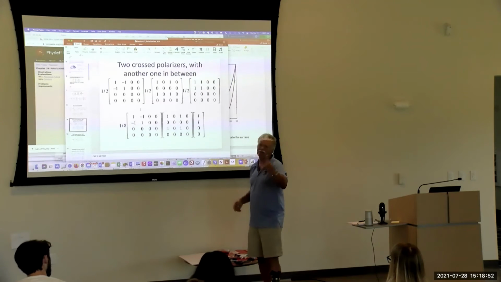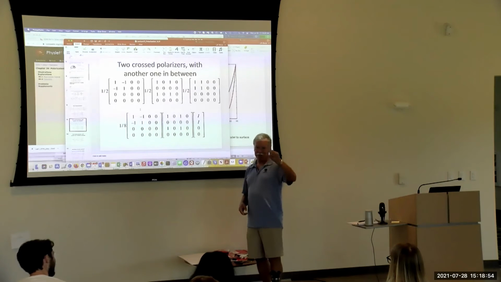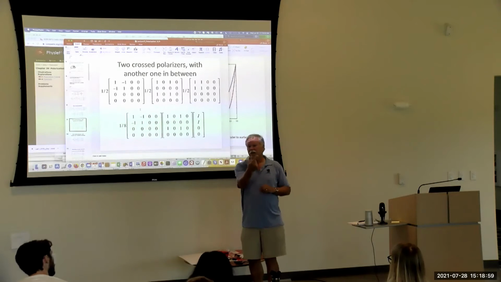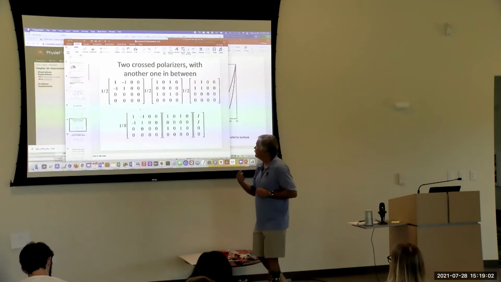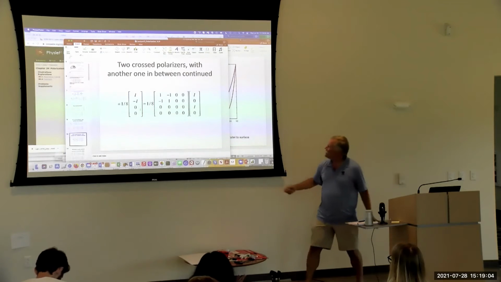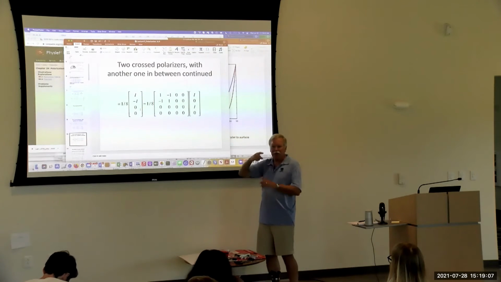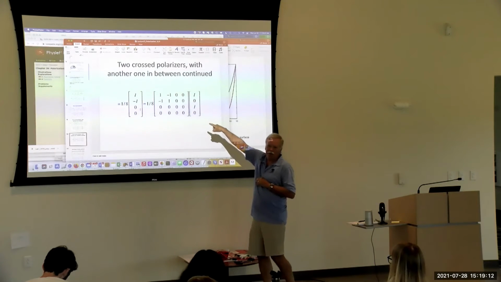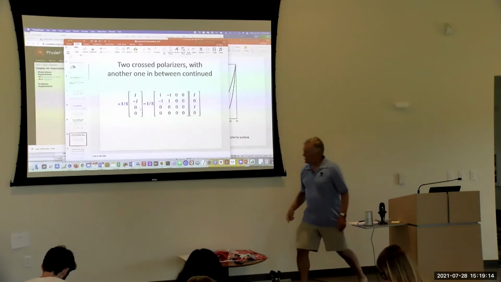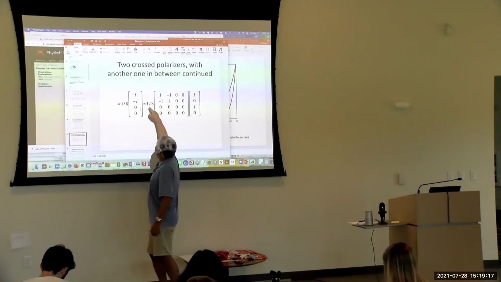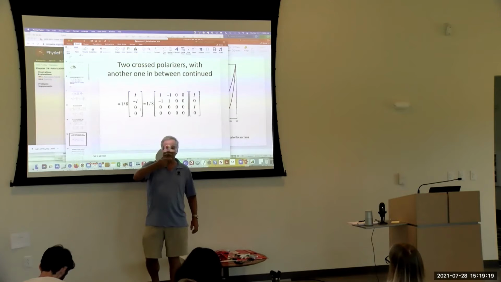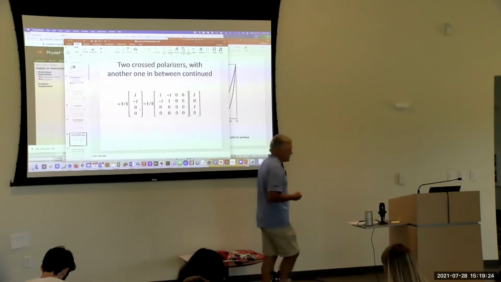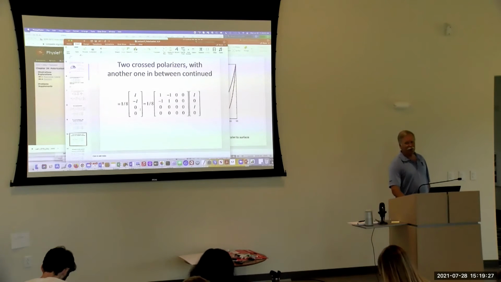In our example that I've been doing with my finger, it's like this direction. The next polarizer is polarized at 45 degrees. So light coming out of there has a 1, 0, 1, 0 because it's all polarized 45 degrees. And then it gets acted on by our last polarizer. By the time it gets done with that last polarizer, this one only accepts light polarized in that direction, so now it's all polarized that direction. Is this clear at all?